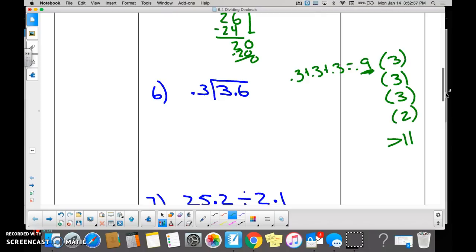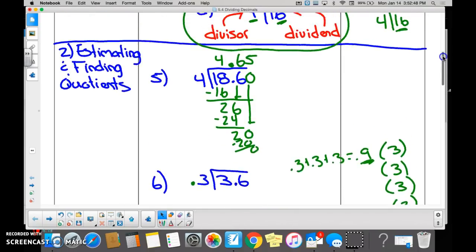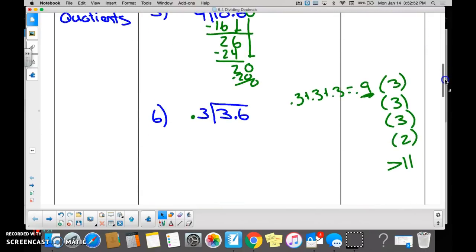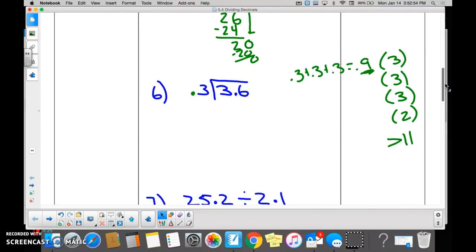To do this problem, and you know this from weekly math, you can never divide with a decimal in your divisor. So remember, divisor and dividend, I'm going to try to use those words. Your divisor is the number outside the box. You can never have a decimal in your divisor. So the way to get rid of that is to simply move it over 1 spot, so your 0.3 becomes 3.